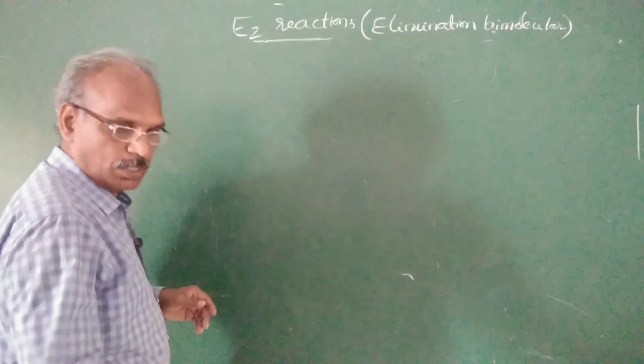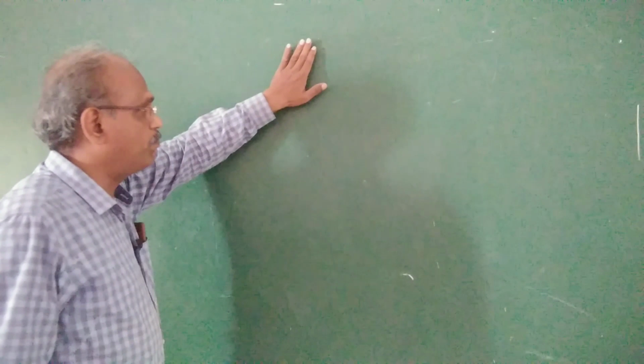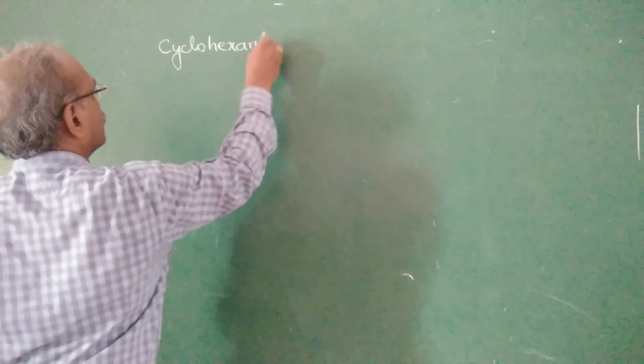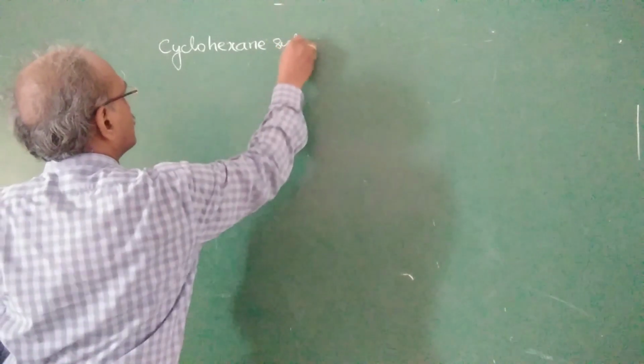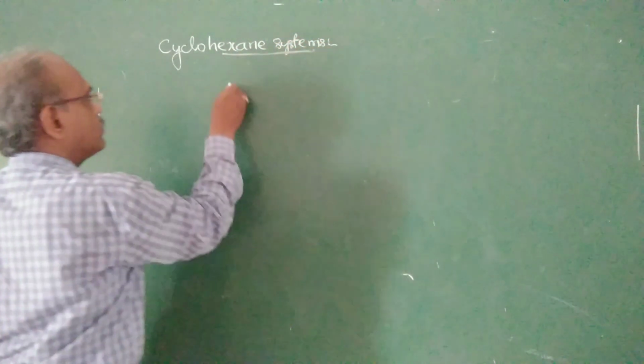Okay, right. Now, see this. We have seen one example for anti-elimination. Now, let's see cyclohexane systems, elimination in cyclohexane systems.